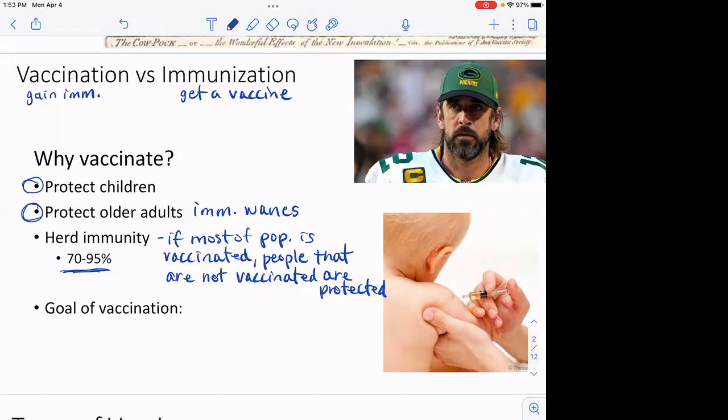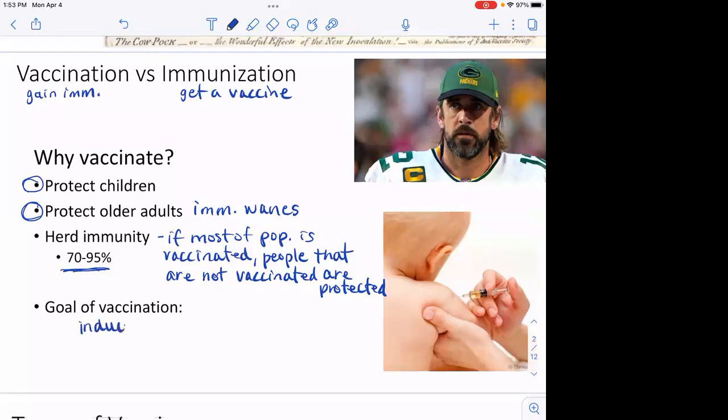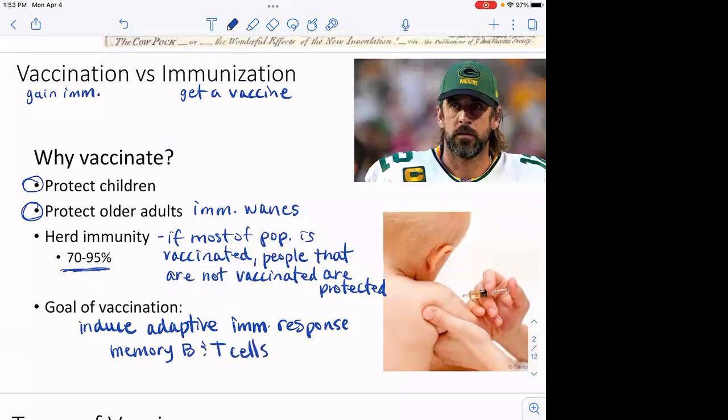So the goal of vaccination, we want to induce an adaptive immune response. We want to make memory B cells and T cells. Ideally we're going to get both a cell-mediated response, cytotoxic T cells, as well as a humoral response, lots of antibody production.